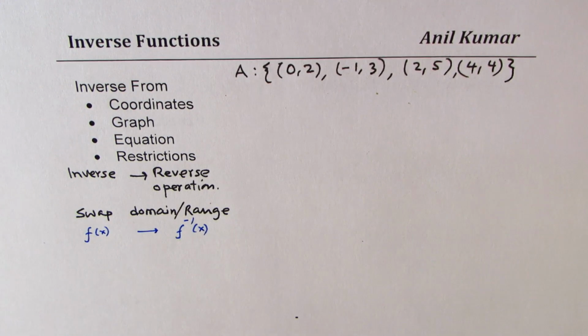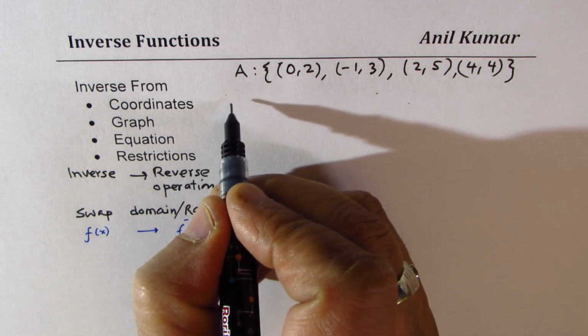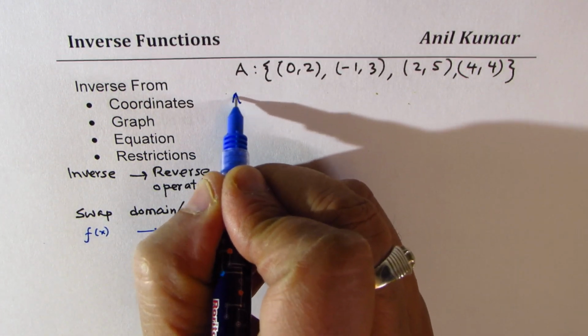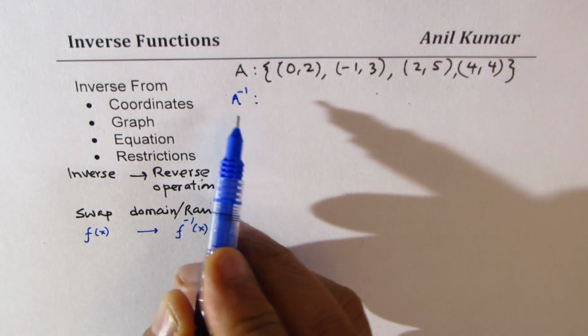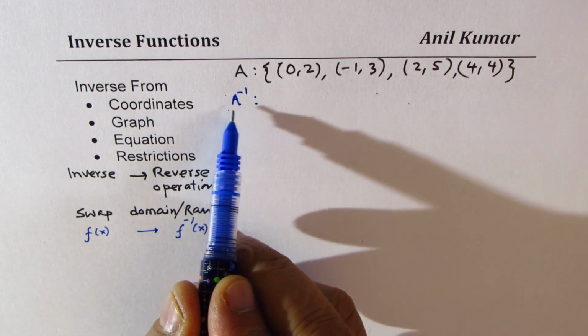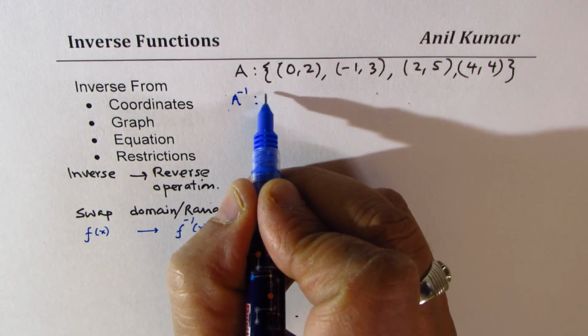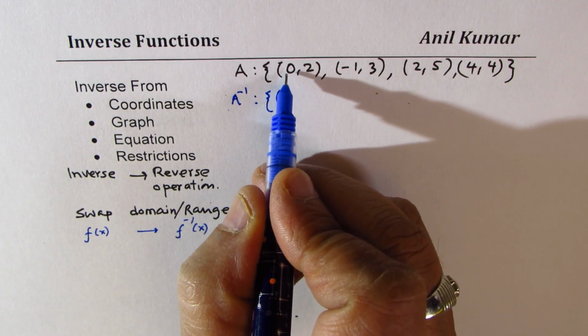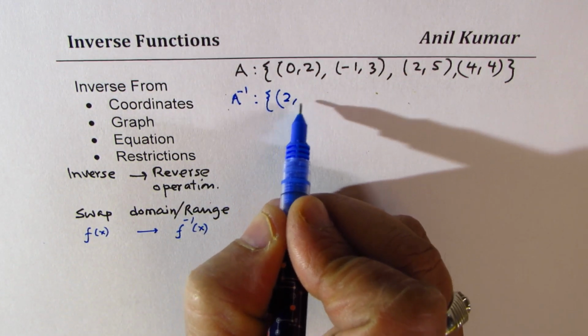If that is my function, in that case, the inverse of this function is going to be what? The inverse of this function, which I'm writing with negative 1 as an exponent, will be just swap x and y. So instead of (0, 2), it becomes (2, 0).